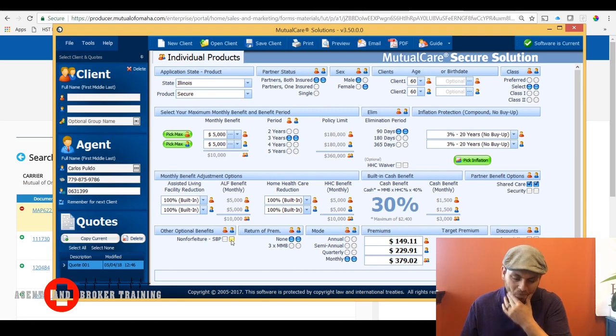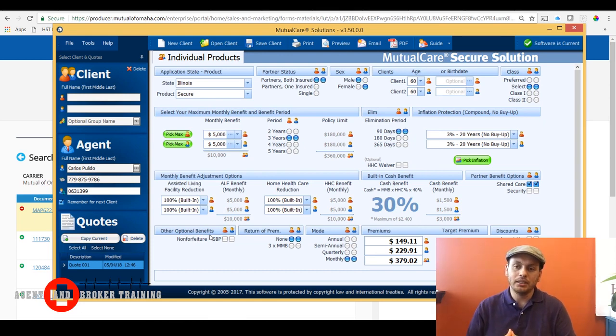Okay, non-forfeiture option. This means that if the client lapses on their payment, then Mutual of Omaha is not going to completely just terminate the policy. They will reduce the level of benefit. So instead of it being a full $5,000, they're going to internally calculate what their monthly benefit will be after everything was set up, after they lapsed on their payment.